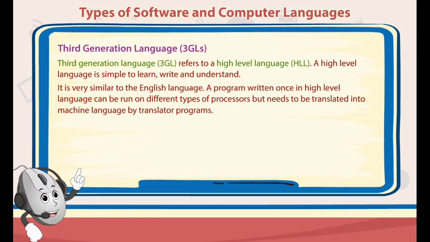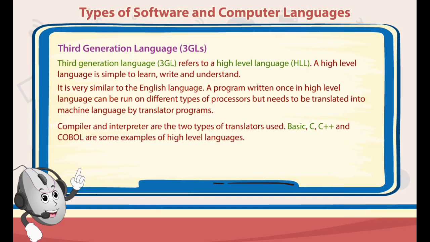A program written once in high-level language can be run on different types of processors, but needs to be translated into machine language by translator programs. Compiler and interpreter are the two types of translators used. Basic, C, C++ and COBOL are some examples of high-level languages.